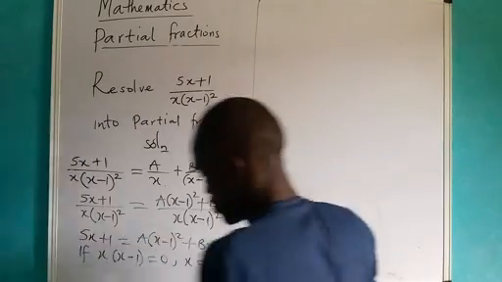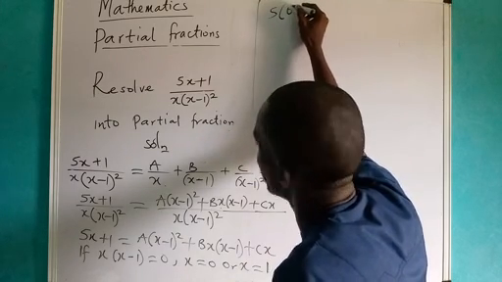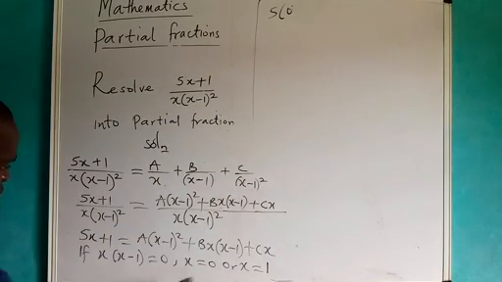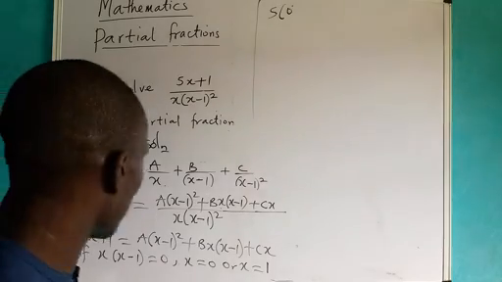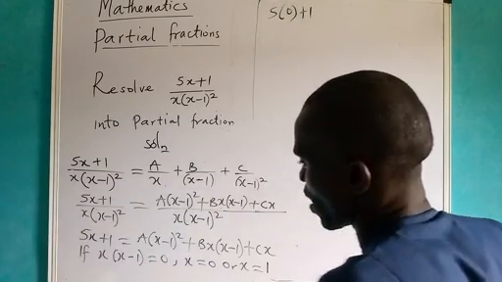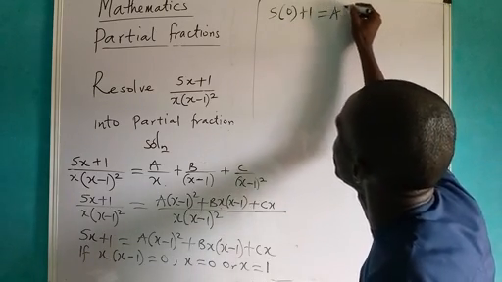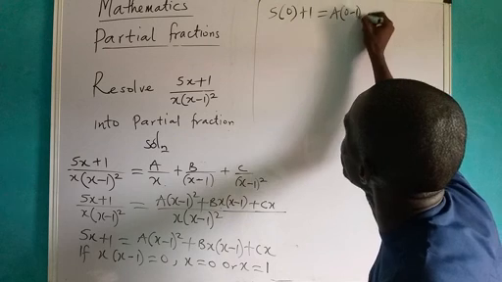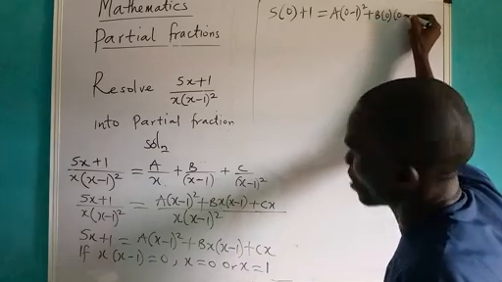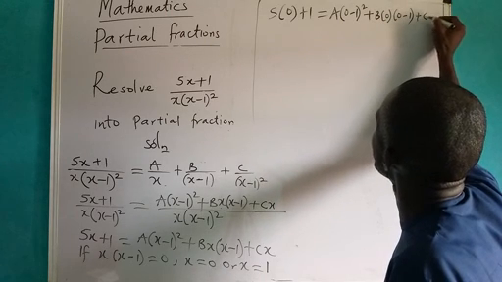I will be having 5 in bracket 0, which will be 0, and also I will be having a, and I will also have 0 minus 1 squared, plus b, I will also have 0 here, and also 0 minus 1, and the last one there, I will also have c times 0.